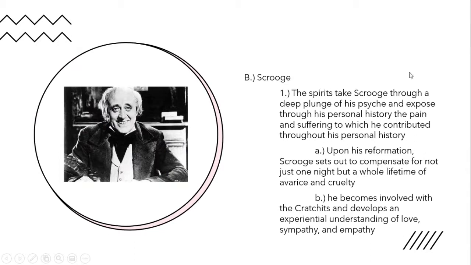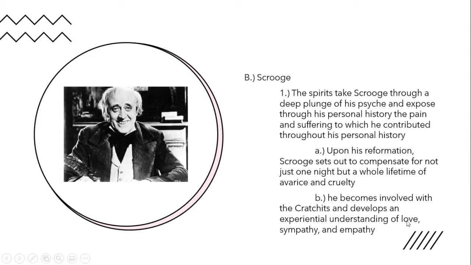So he's really coming face to face with his entire self, his entire life. And upon his reformation, Scrooge sets out to compensate for not just one night, but a whole lifetime of avarice and cruelty, right? And you can see how this is setting him off against the Grinch, right? Whose crime was one night, and his redemption perhaps only lasts for one night.